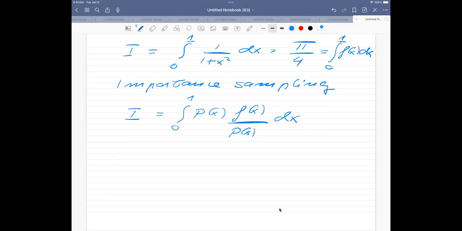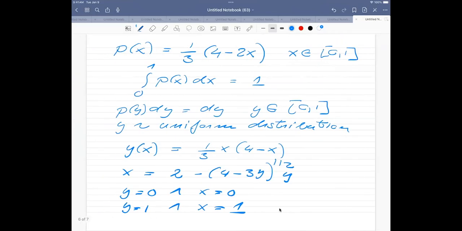If I look at this function here, my hope now is the following. So I could obviously say that p of x is now a distribution, is a PDF, probability distribution function. And we could assume that this p of x is equal to this function which I cooked up here. Why is this function so interesting?